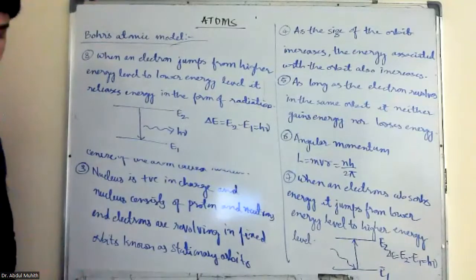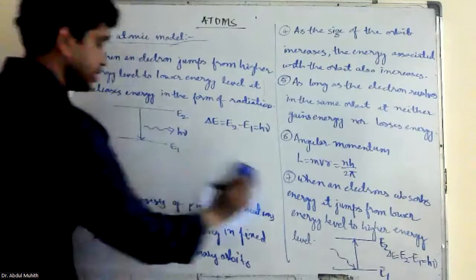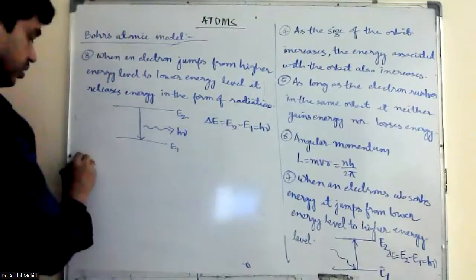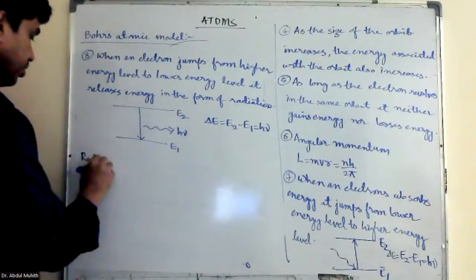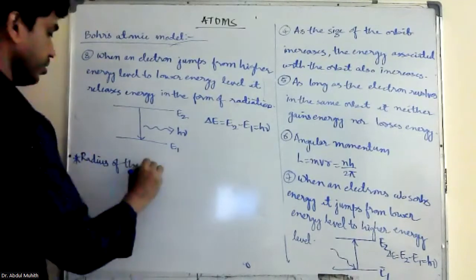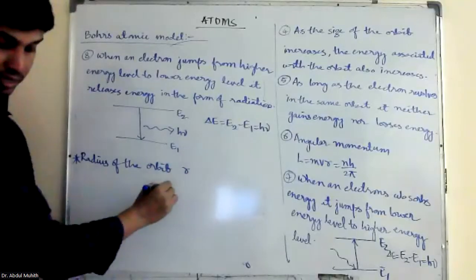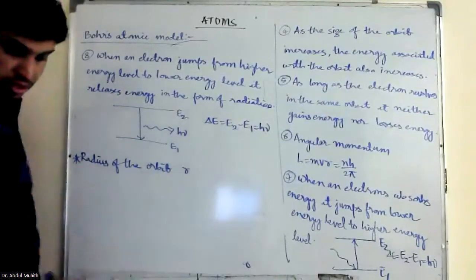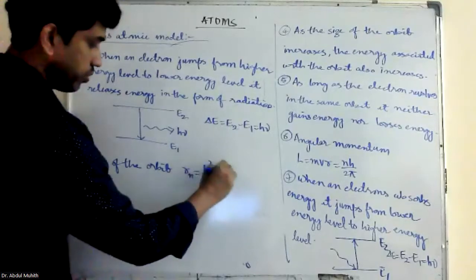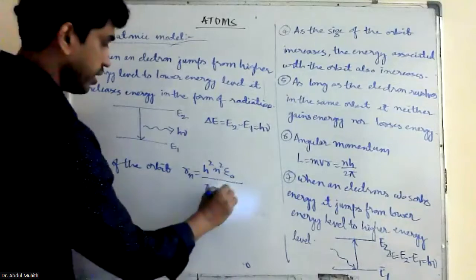Now, I'm not going into the derivations, only writing the formulas. For the radius of the orbit, the formula is Rn is equal to h square n square epsilon 0 divided by pi m e square.